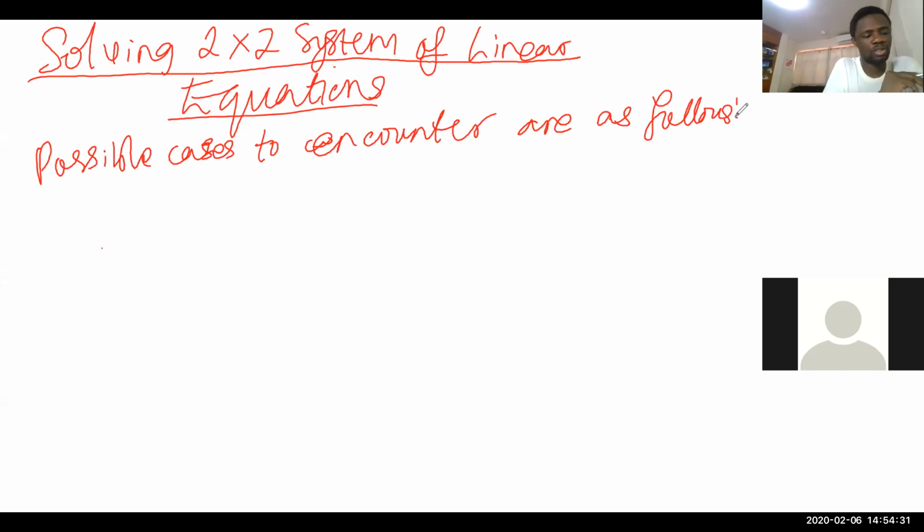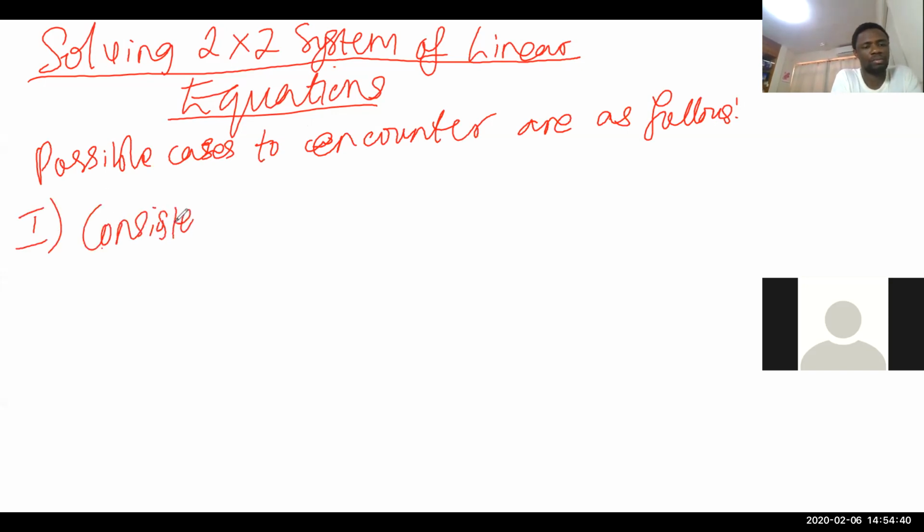So these are the possible cases to encounter. We can encounter the case where it is consistent. When it is consistent, it means there are solutions. So if there are solutions, you might have unique solution.